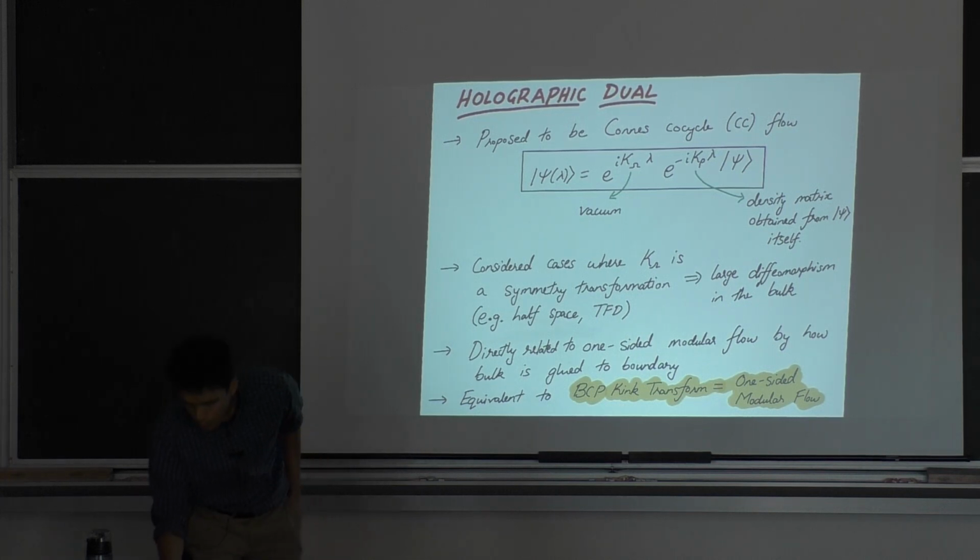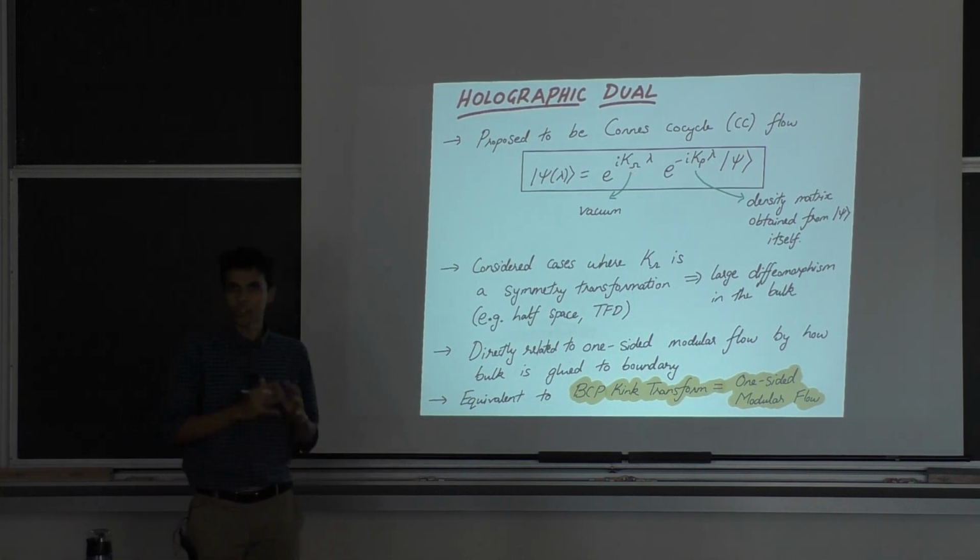Here, the two states that I'm considering are rho and omega. So you first flow by an amount lambda with the modular Hamiltonian for rho, and then you flow by minus lambda with K omega.